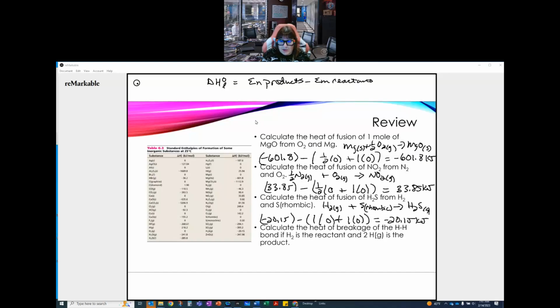Calculate the heat of breakage of the H-H bond if H2 is the reactant and 2H gas is the product. So I'm looking at H2 gas. I want to make 2H gas from that. So 2H is my product. So I look over here and I see that H gas is 218.2.